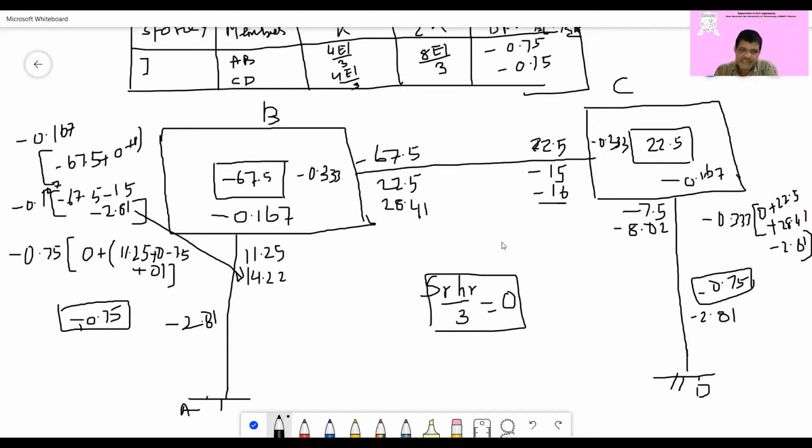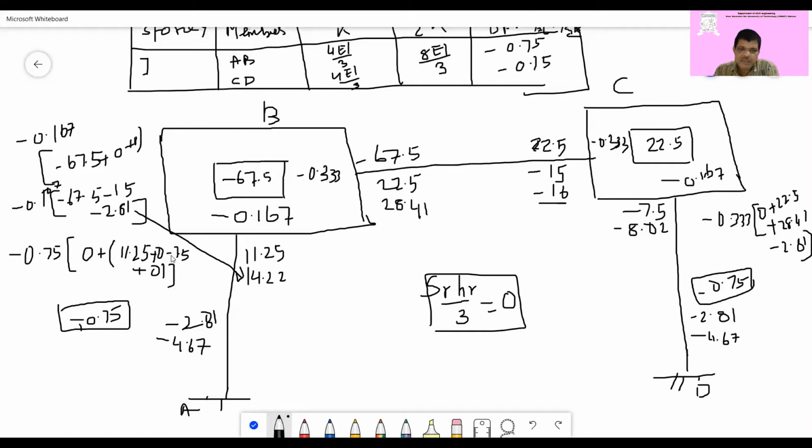Once you find this, now you can find the story moments here. What value will be here? This value will now be minus 4.67 and here also minus 4.67. Okay, the second cycle. So how to calculate this value? Go here, minus 0.75, 0 is the story moment, plus it is 14.22 plus 0.